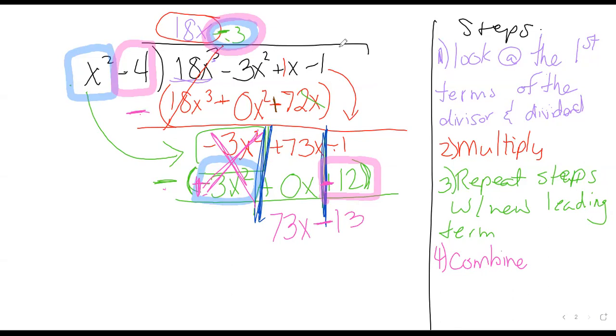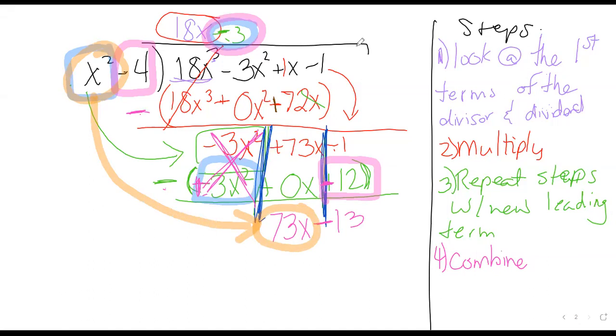Okay. So now, can I ever match x squared to 73x? No, right?